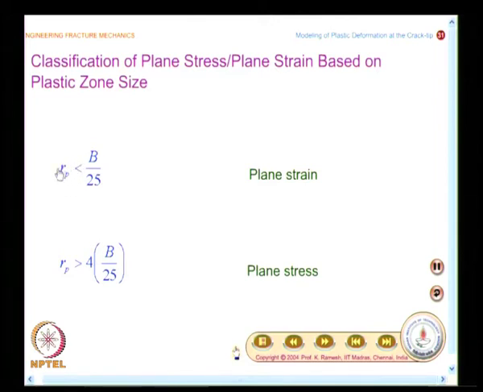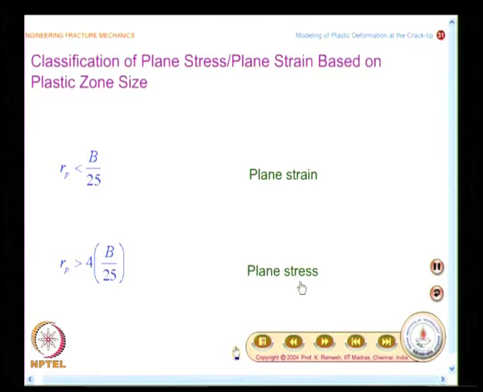If the size of the plastic zone is less than B by 25, where B is the thickness of the specimen, the plastic zone size is very small, you could idealize that you have a plane strain situation. Suppose the plastic zone size is greater than 4 times B by 25, you could idealize that the situation is plane stress.